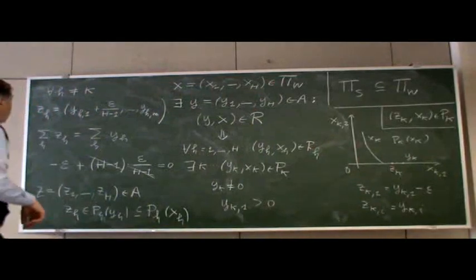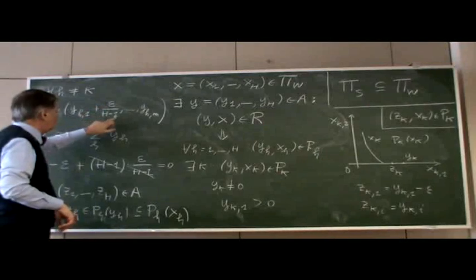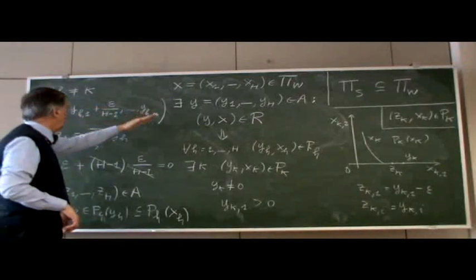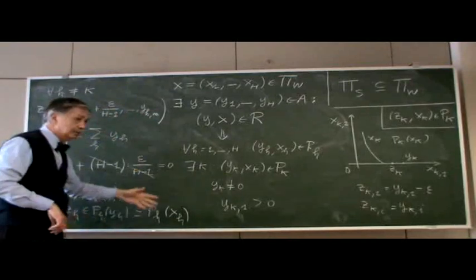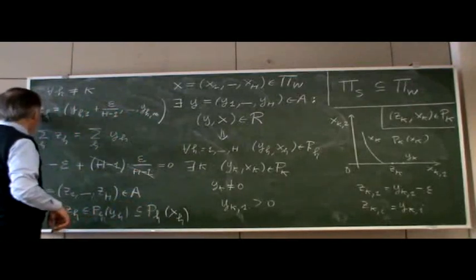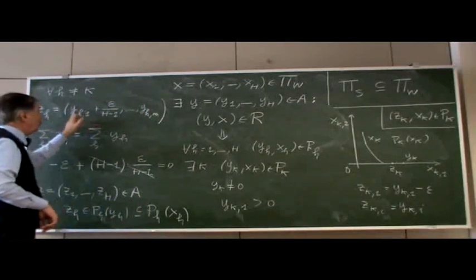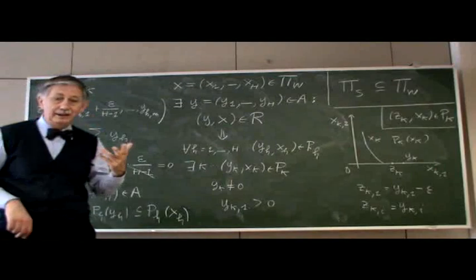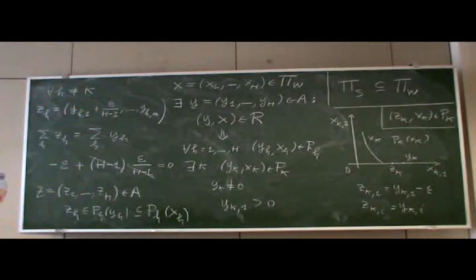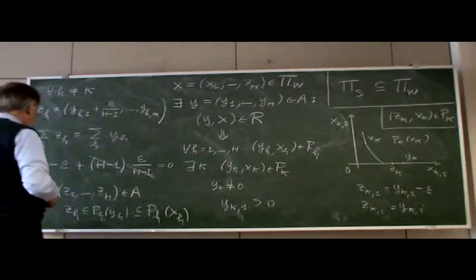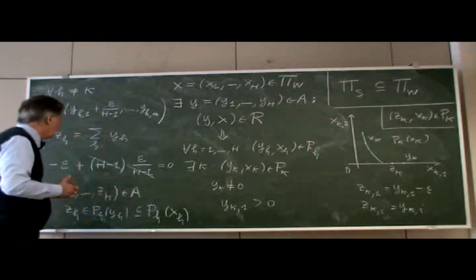Give him this quantity of good 1, epsilon over n minus 1, while all the other components of the vector y are equal. So you obtain a vector zh, which has one component greater than yh and all the others equal. By strict monotonicity, zh must be preferred to yh.